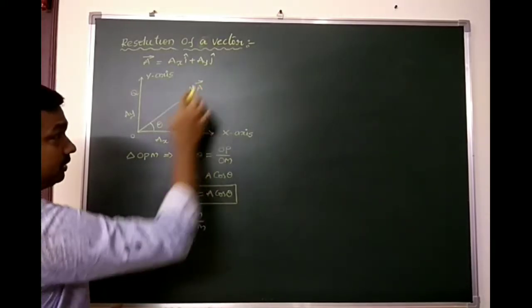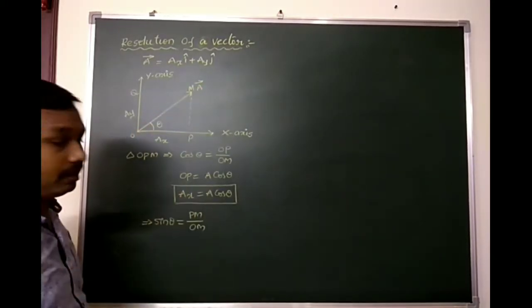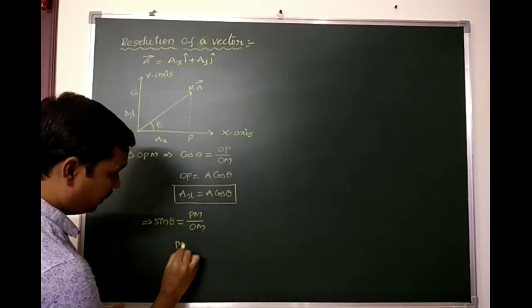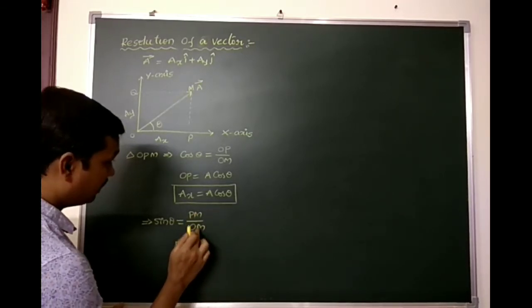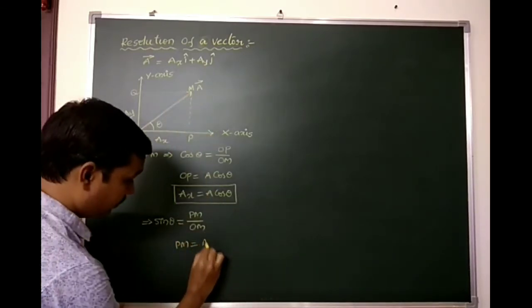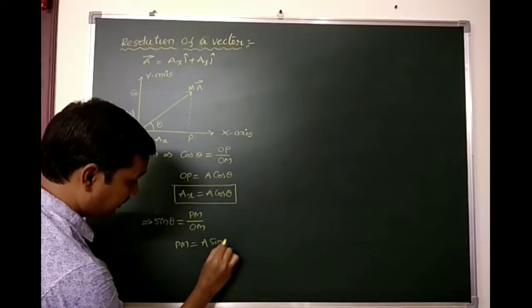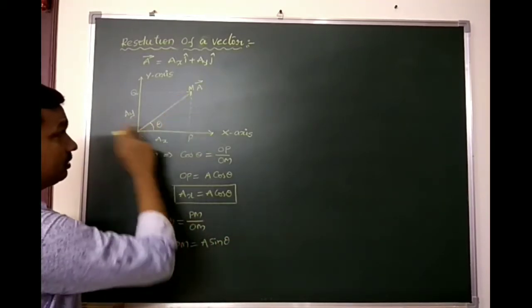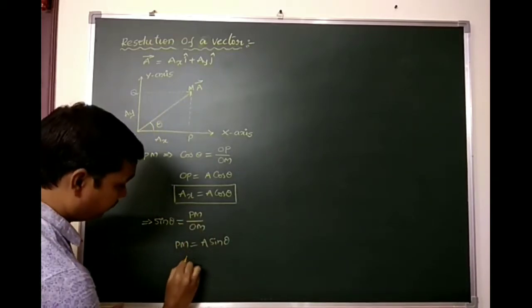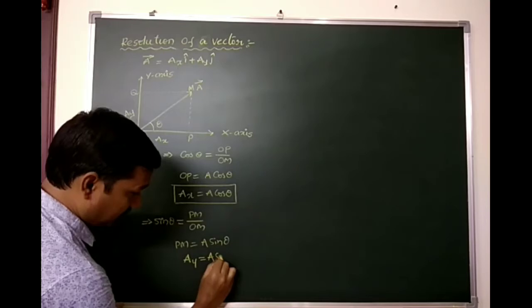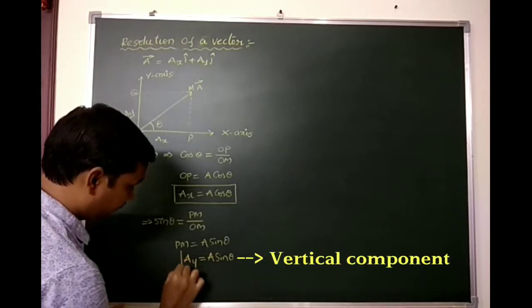PM is the opposite side, OM is the hypotenuse. I need PM. So PM is equal to OM value. Already we got vector A. So A sin theta. What is PM? PM is nothing but Ay, because parallel vectors are the same. Ay is equal to A sin theta.